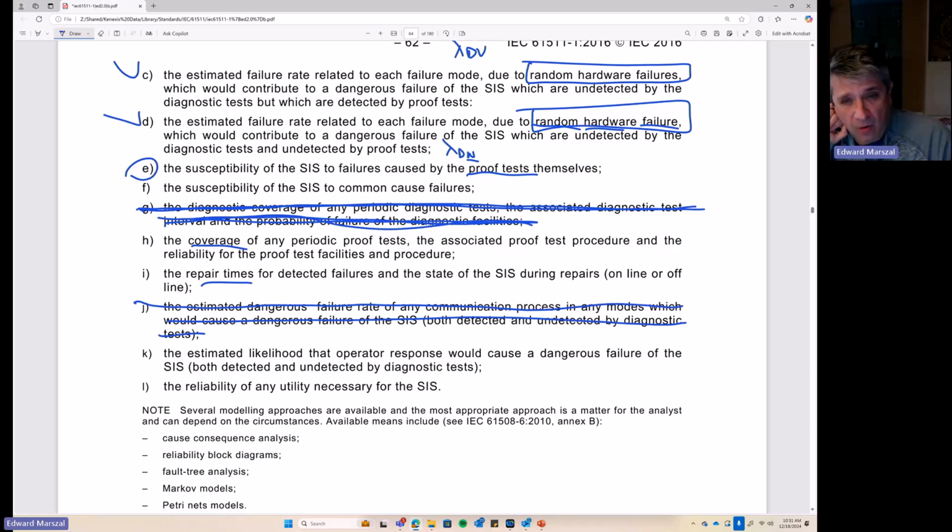The reason it's going to go away is not that you don't need to be concerned about communication processes, but item J is a subset of B, C, and D. Communication devices have lambda DD, lambda DU, and lambda DN that you need to include in your calculation. So this is just kind of redundant language, which is why in the next version of 61511, that clause is going to go away.